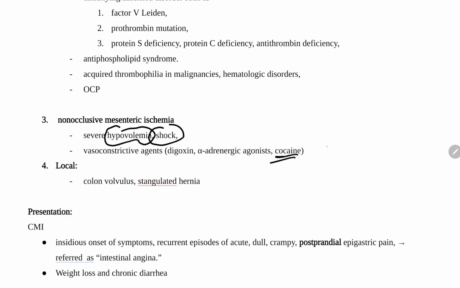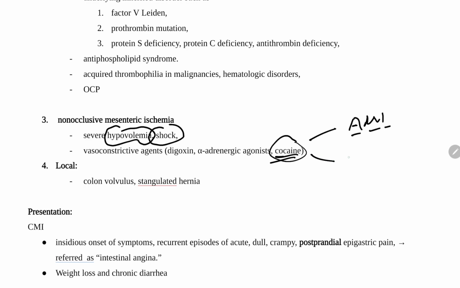A young person who is an illicit drug user, that is cocaine, may present with severe abdominal pain or severe chest pain. If it is severe chest pain, then it is AMI, acute myocardial infarction.